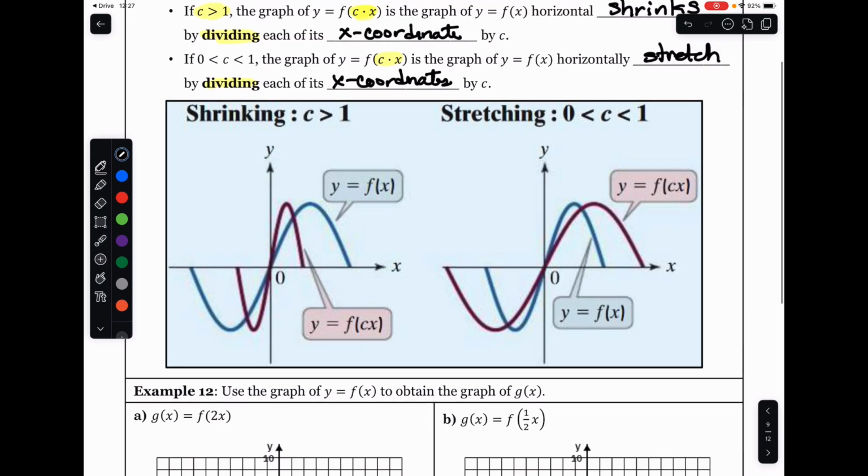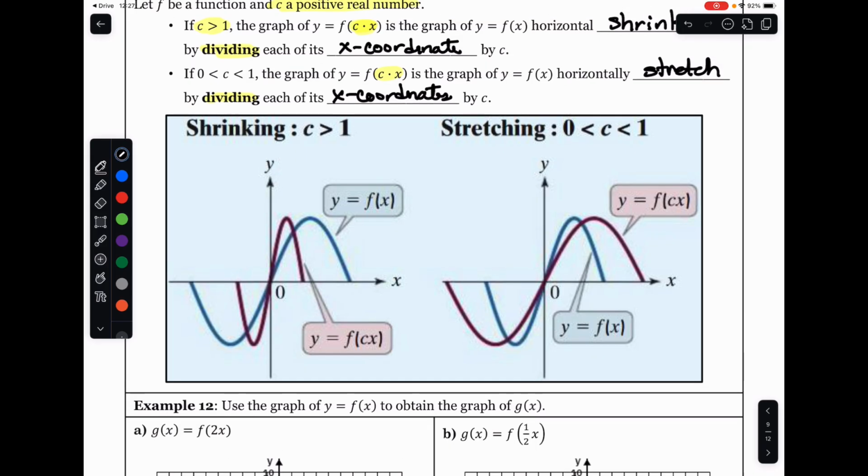So you see right here, what's going on to our coordinates is that the x values, because we're doing this horizontally, are going to move either closer to the y-axis or further away from the y-axis. If the number is bigger than 1, like I said, it'll move closer. So this x coordinate here in blue will move closer and become this x coordinate right here in red.